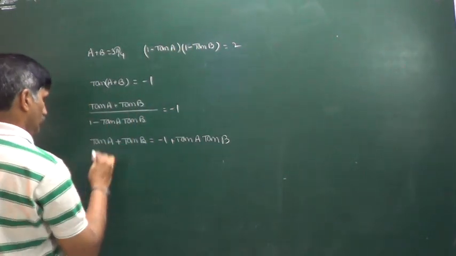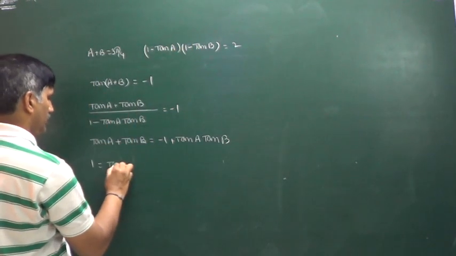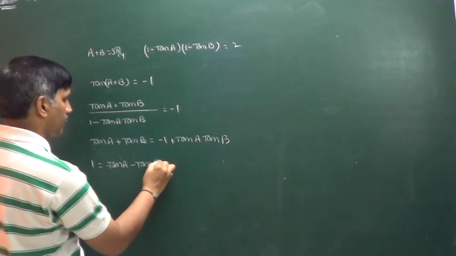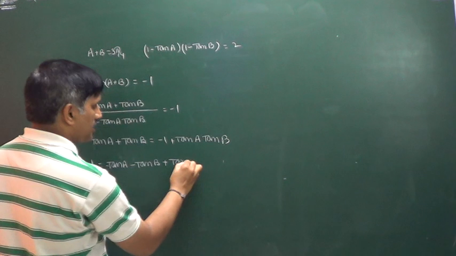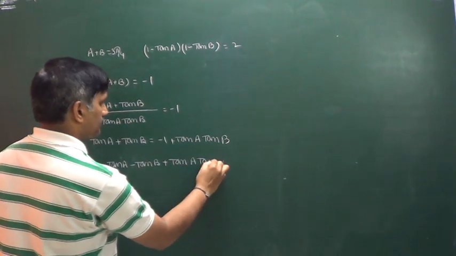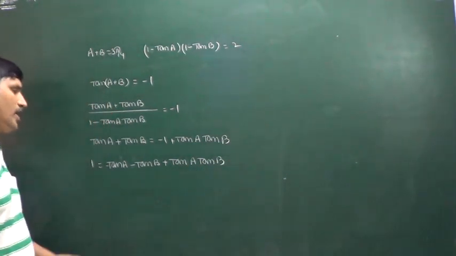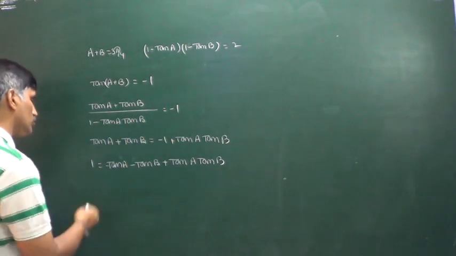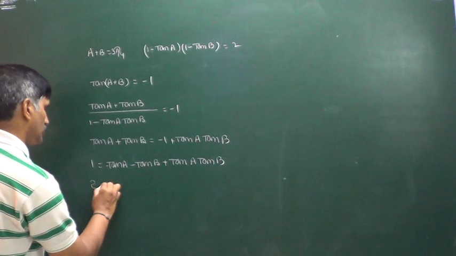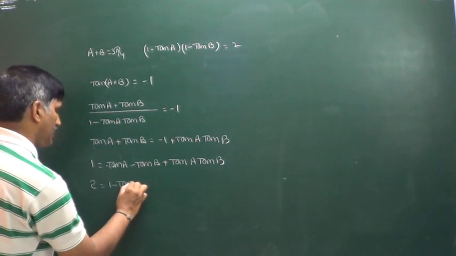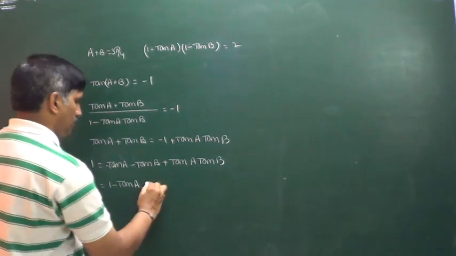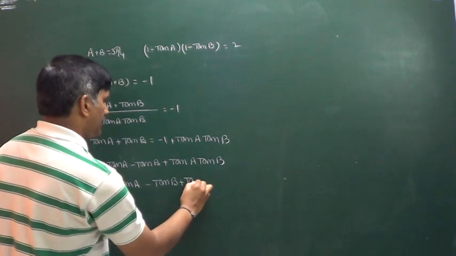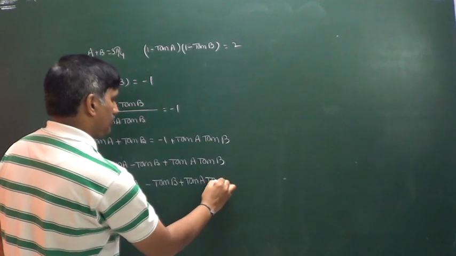Because we require 2, that's why 1 is equal to minus tan A minus tan B plus tan A into tan B. Followed or not? This minus 1 shifted to this side, these two terms transferred to that side. Now both sides I am adding 1. 2 is equal to 1 minus tan A minus tan B plus tan A into tan B.